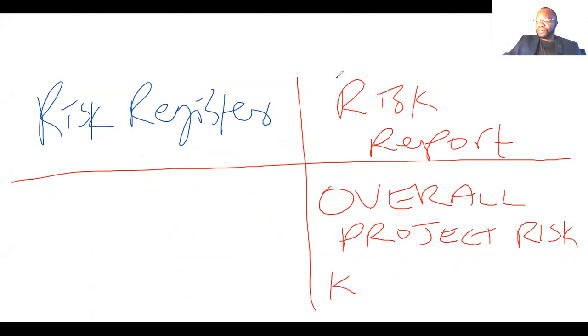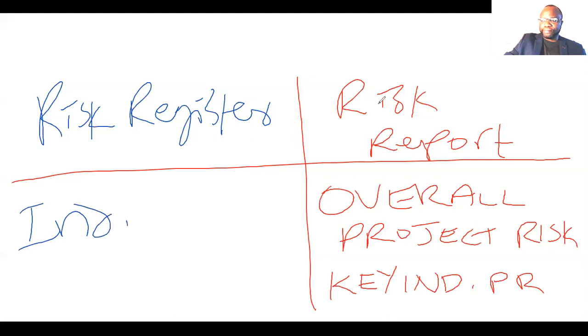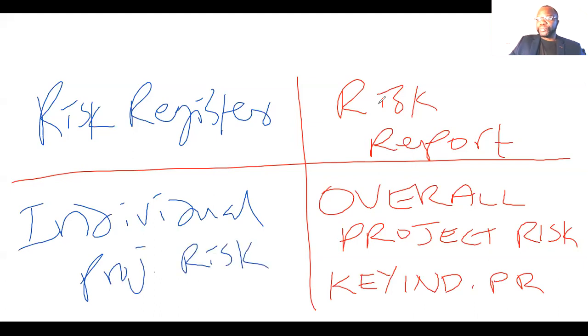And key individual project risks. When it comes to the risk register, we are dealing with individual project risks and the responses to them and so on and so forth.